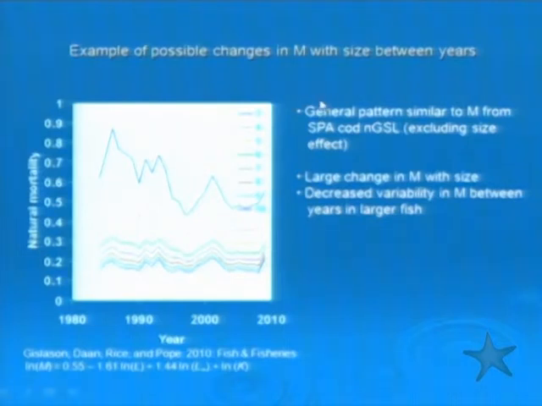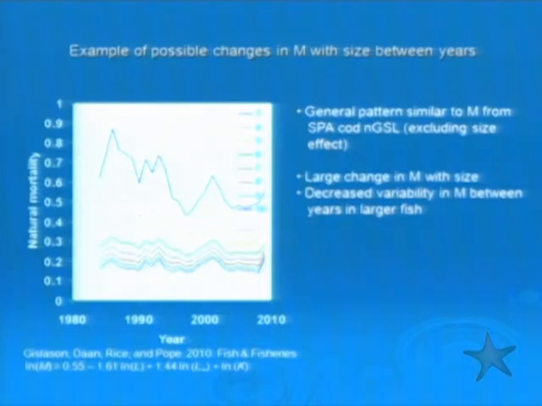The general pattern is interestingly similar to the natural mortality that was obtained from the sequential population analysis for cod in the Northern Gulf of St. Lawrence, if we exclude size effects. So meaning that at the beginning we have higher mortality and there was an improvement over time, and we see again that natural mortality seems to begin to increase again.